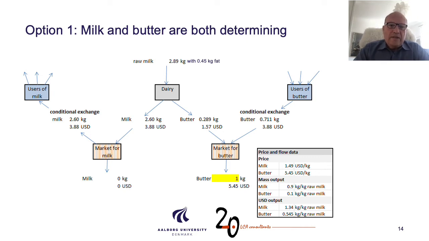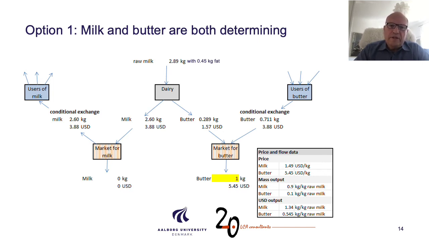And these together will then provide the same revenue to the dairy as the $5.45 that 1 kilogram of butter is worth. So we don't get all the butter that we wanted, only 0.289 kilograms.